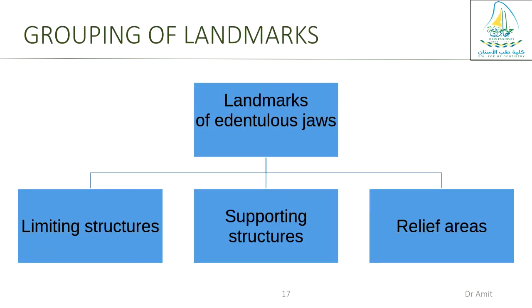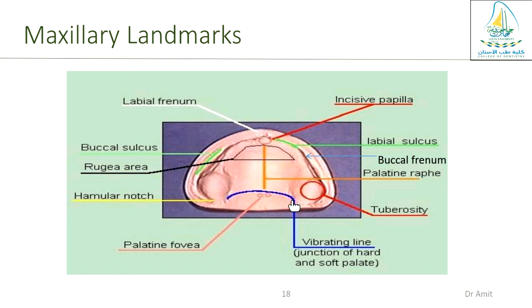Now coming on to the intraoral structures, I have discussed there are three different types of structures, that is the limiting structure, supporting structure and relief area. Now what are limiting structures? Limiting structures are those structures which limit the extension of the denture. So this is a maxillary cast which is shown here.